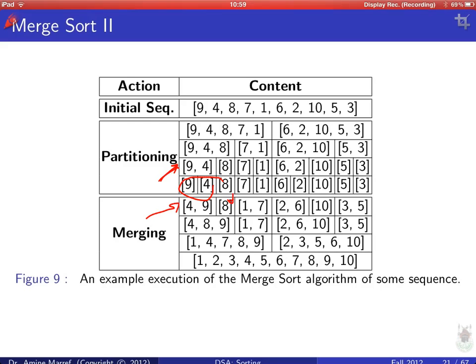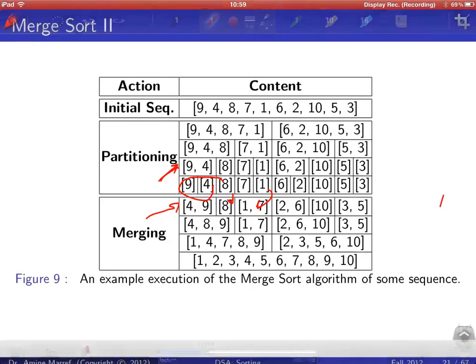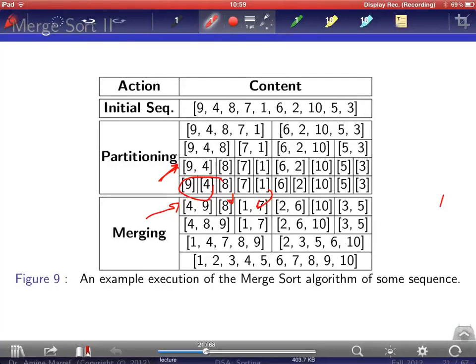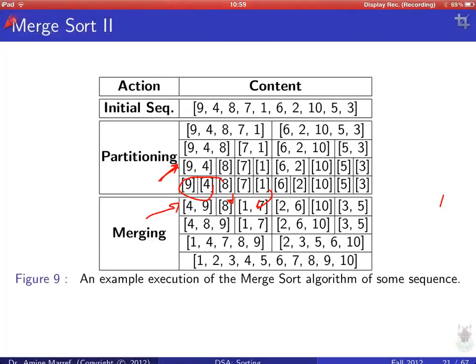The merging of these two together, and then the merging of these. There are lots of mergings. What I am going to explain in the example is the largest merging, which is this one.